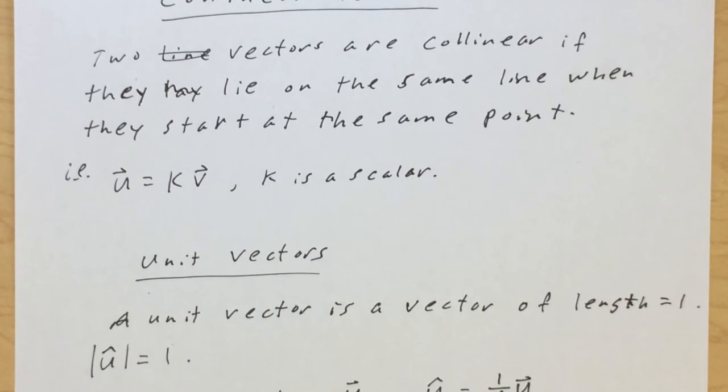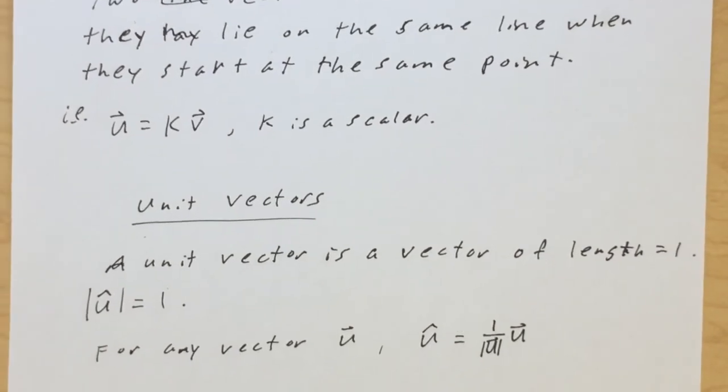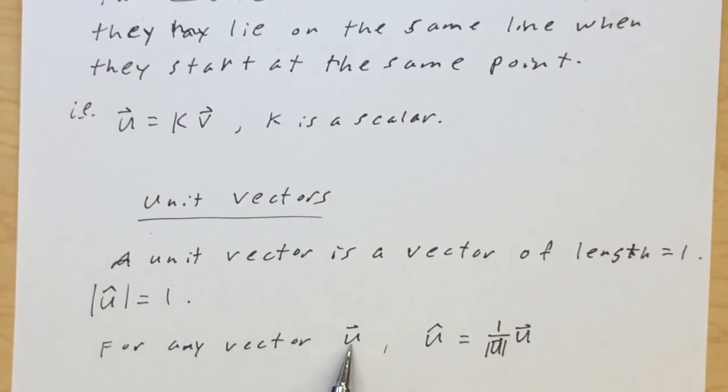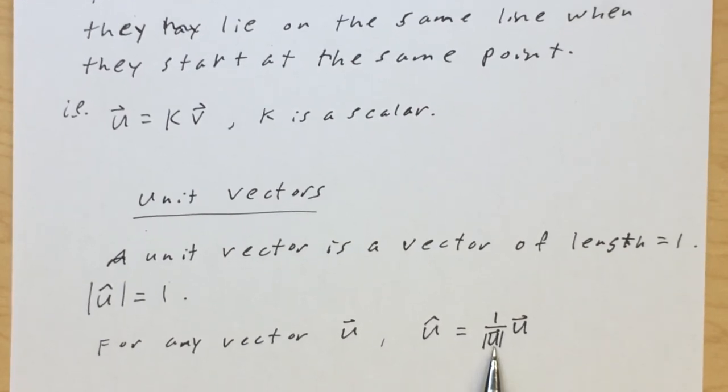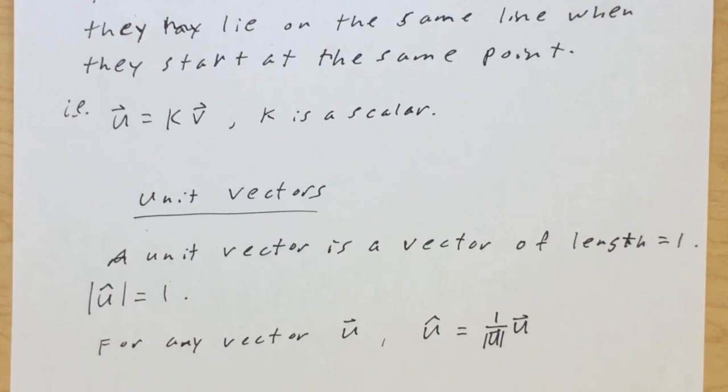If the vector had length k, what would you multiply it by to get length 1? 1 over k. So for any vector u, to get a unit vector that is collinear with that, you multiply it by 1 over its own magnitude. And that would get you a unit vector.